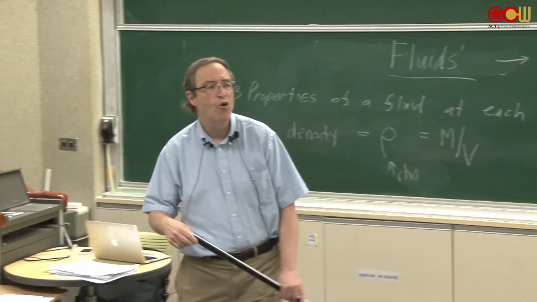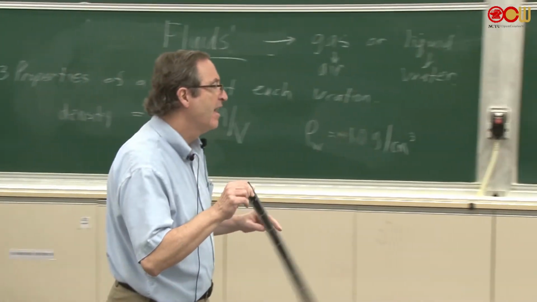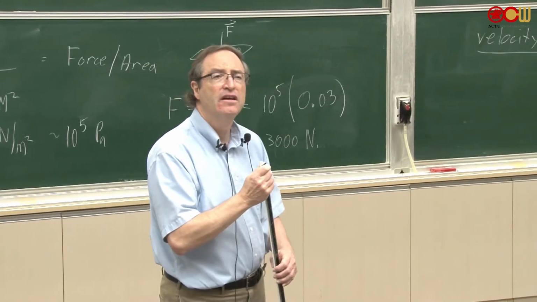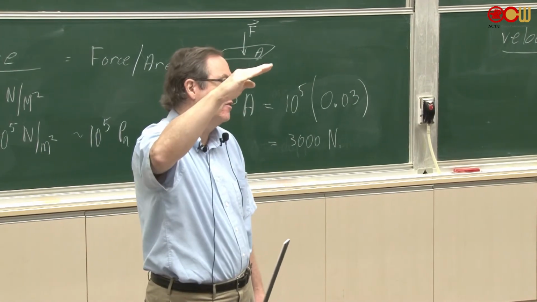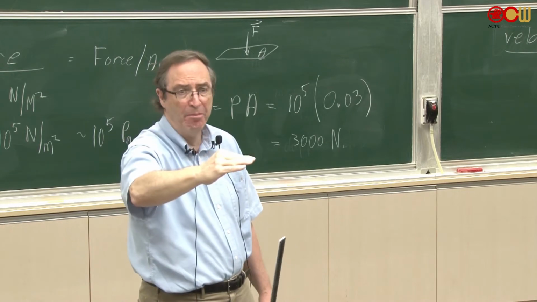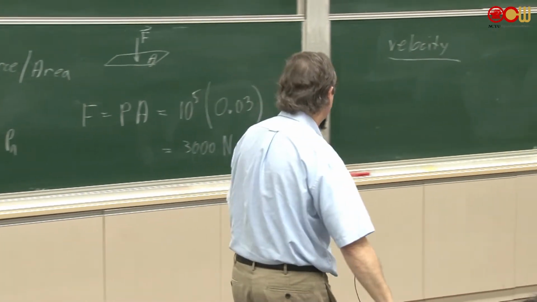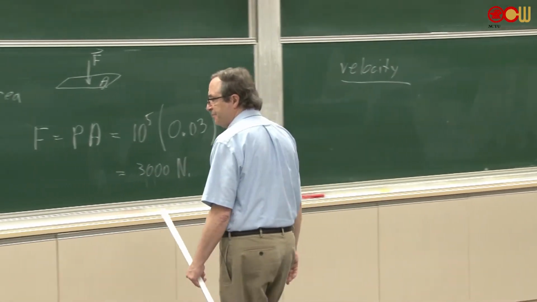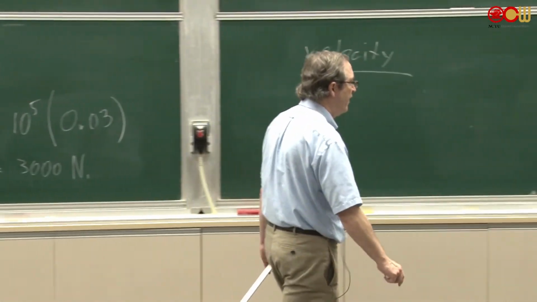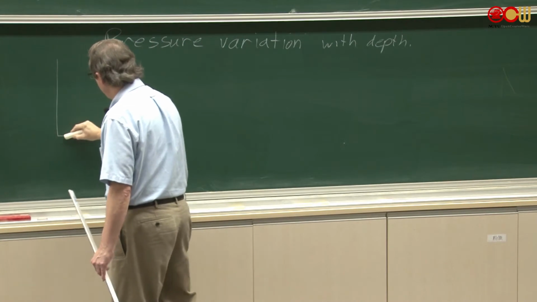One of the most important things to figure out is how the pressure varies from location to location, in particular how it varies with depth. So let's see how that works. We want to know how the pressure varies with depth. Here's my fluid.